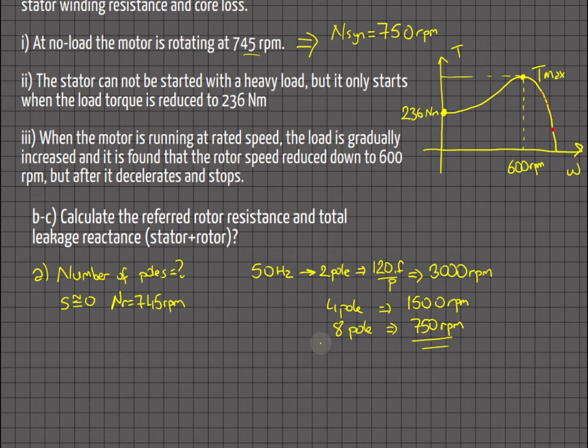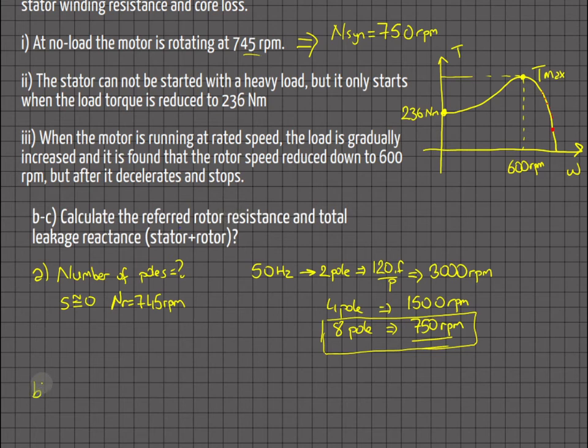It has to be an integer number of poles, and an even integer. So I think it should be 8 poles, and the synchronous speed is 750 rpm, but at no load it is slightly lower than that. We will calculate those things, and that is probably because of the friction and windage losses.